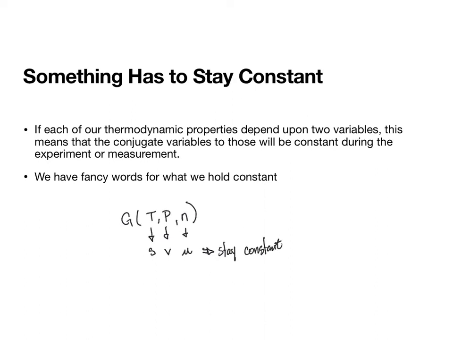So we are going to have fancy words for the things that we are going to hold constant, allowing us to measure the energy or other parameter of the system based upon what is not moving.